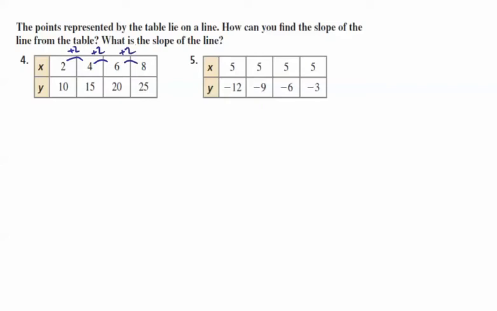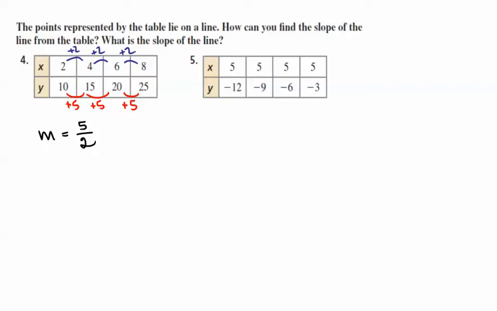The y change would be plus 5, plus 5, and plus 5. And so we would get a slope that is change in y, which is positive 5, over the change in x, which is 2, and so we'd get a slope of 5/2.